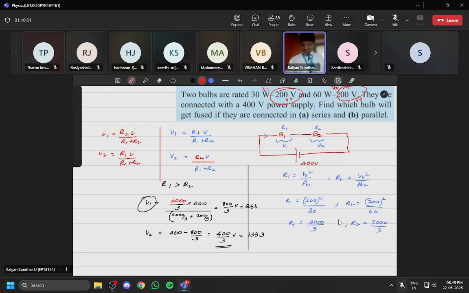The 3 will cancel. It will be 4000 into 400 divided by 2000 by 3. Correct. The final answer is correct, but I just wrote the formula wrongly. For potential, it will be directly proportional to R. When it is current, we have to swap it. Correct, ma'am. Okay, sir.